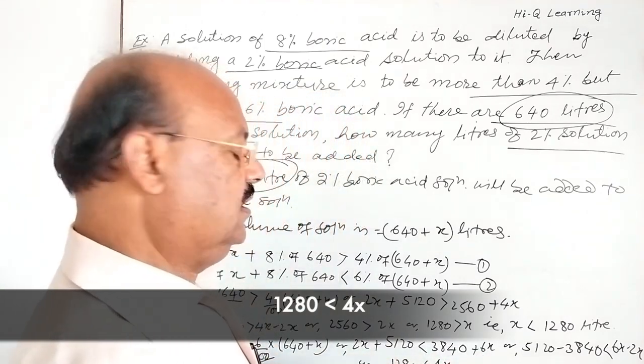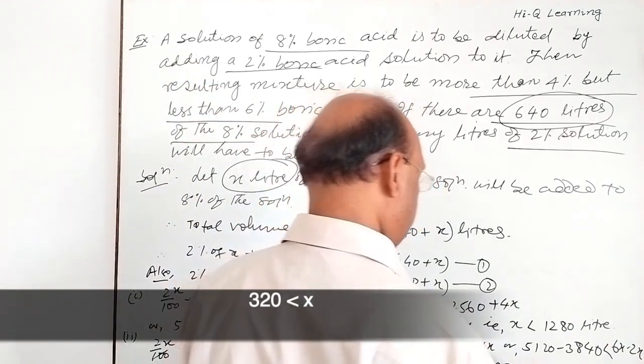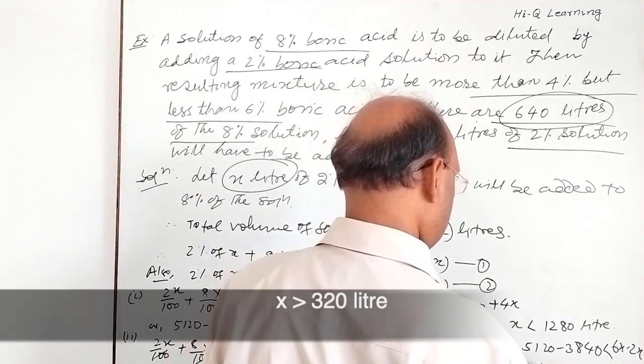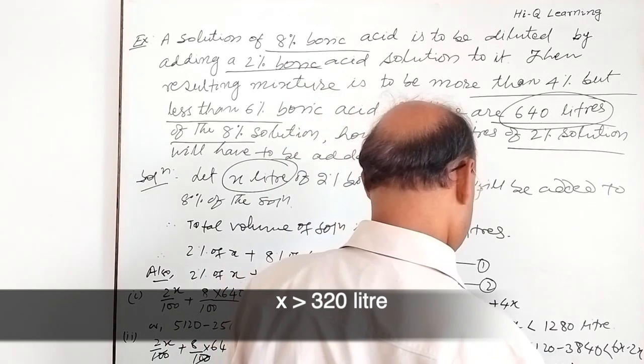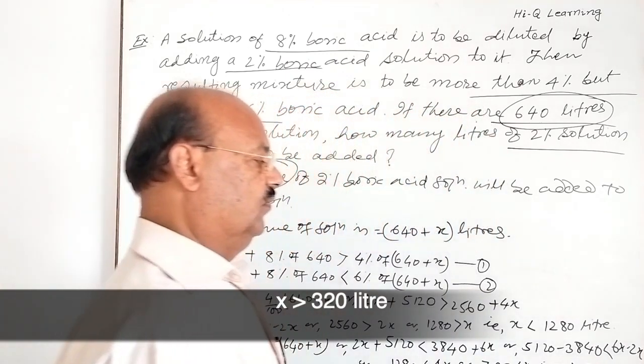Dividing both sides by 4, we'll get 320 is less than X. That is, X is greater than 320 liters.